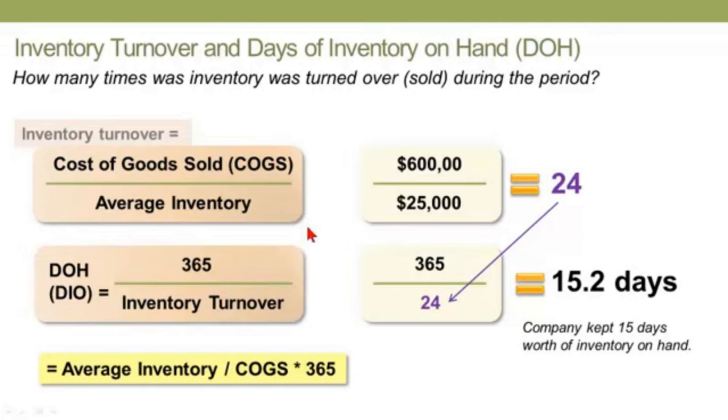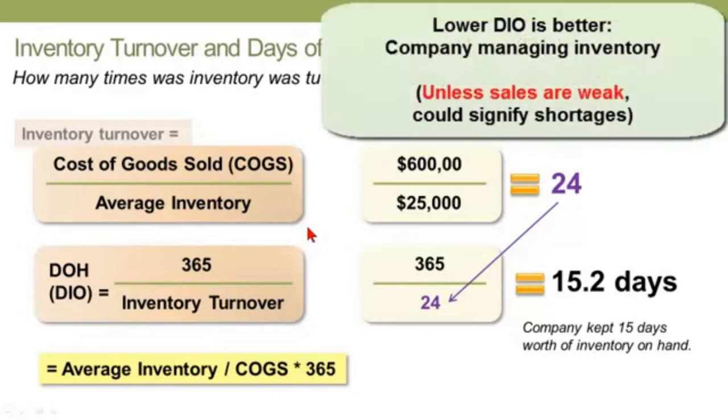Now, all of these ratios, like most ratios, it's impossible to just evaluate them in isolation. Generally we need to evaluate them in context and perhaps according to their own history. So a higher inventory turnover would correspond to a lower days of inventory on hand, and oftentimes that would be a strong sign indicating better inventory management by the company, especially if sales were strong.